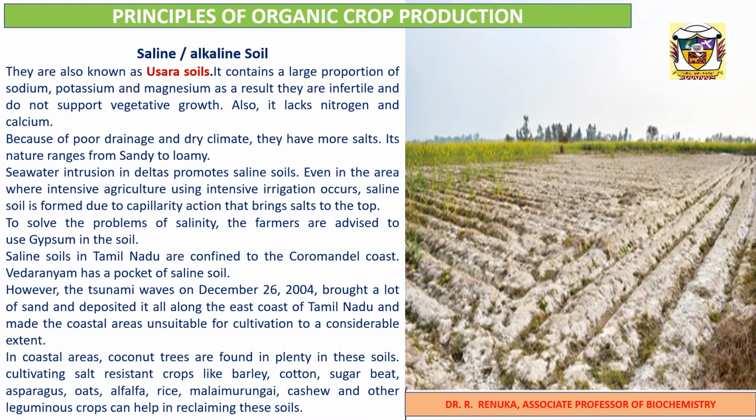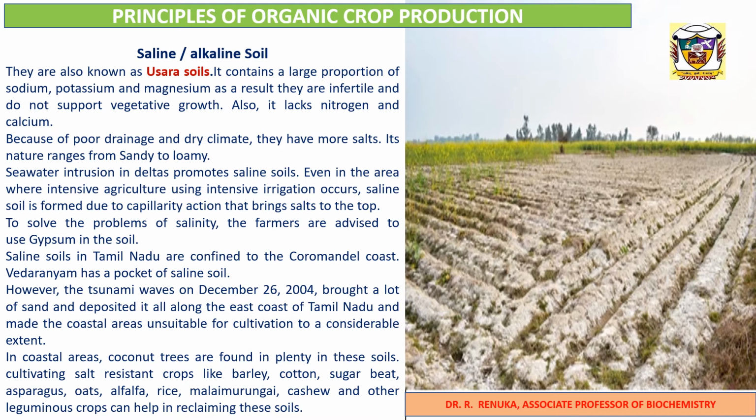Saline soils in Tamil Nadu are confined to the Coromandel coast. Vedaranyam has a pocket of saline soil. However, the tsunami waves on December 26, 2004 brought a lot of sand and deposited it all along the east coast of Tamil Nadu and made the coastal areas unsuitable for cultivation to a considerable extent.